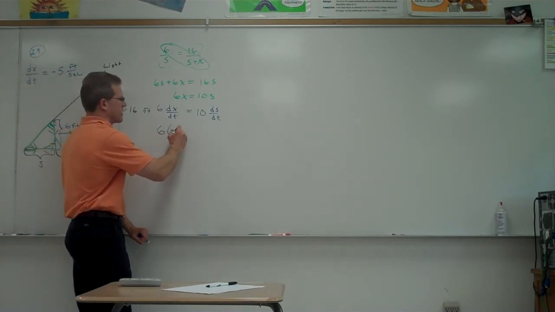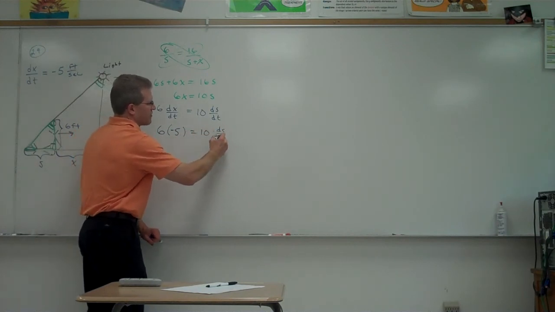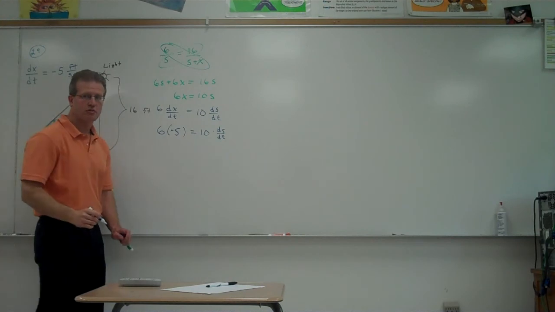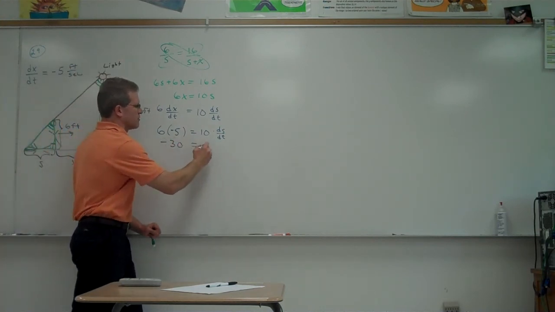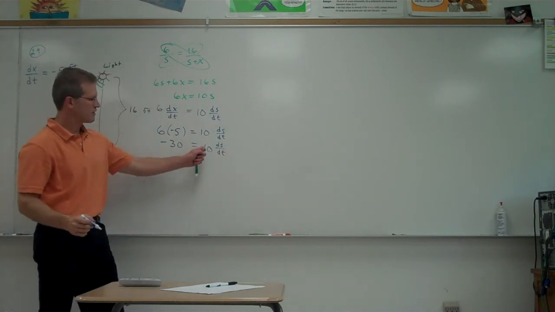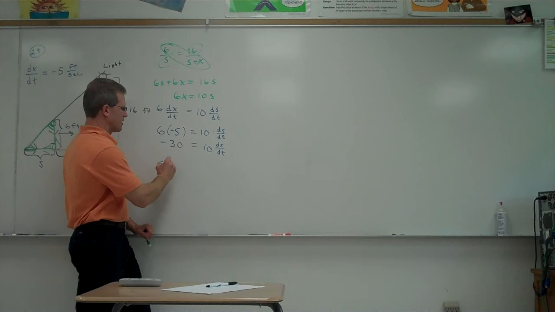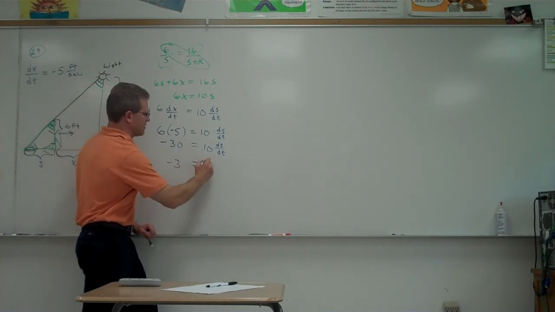So we can plug negative 5 in for dx over dt. And we're trying to find how fast the shadow length is changing, so we're trying to find ds dt. So we have negative 30 equals 10 ds over dt. Divide by 10 on both sides, and you get negative 3 equals ds over dt.